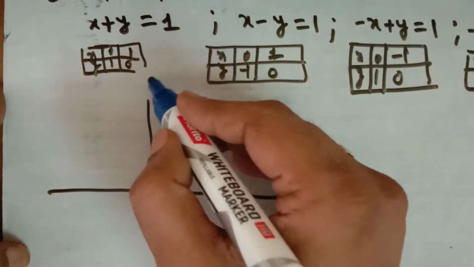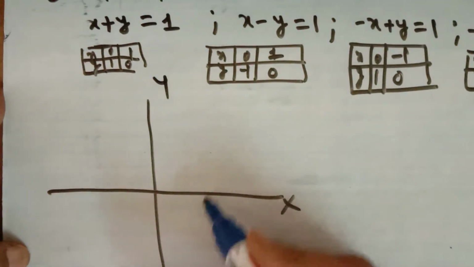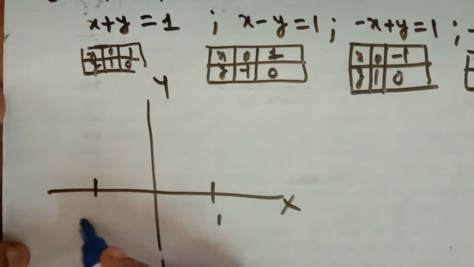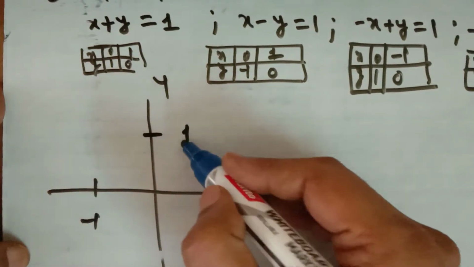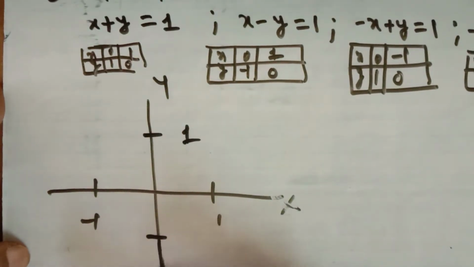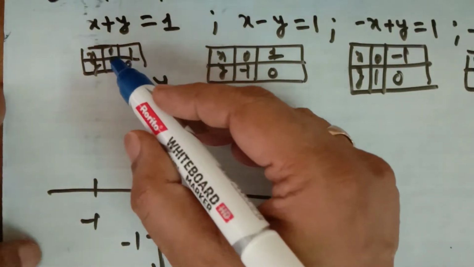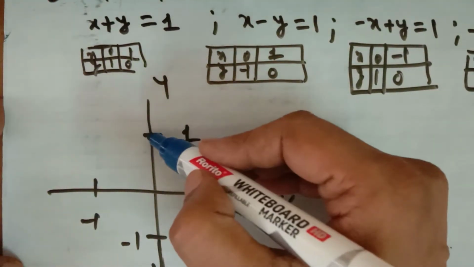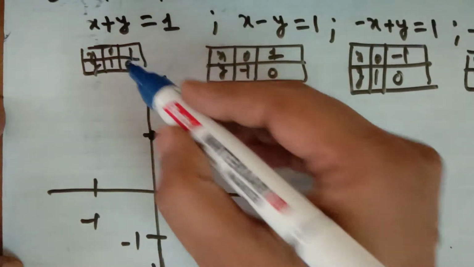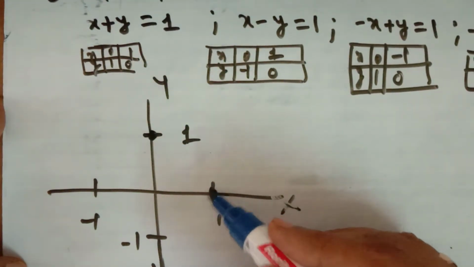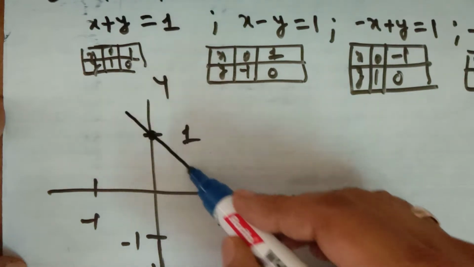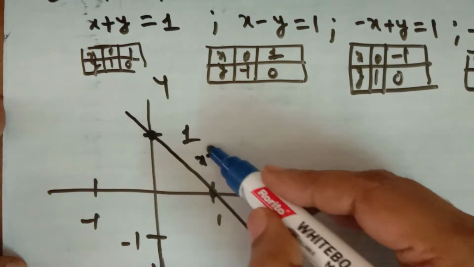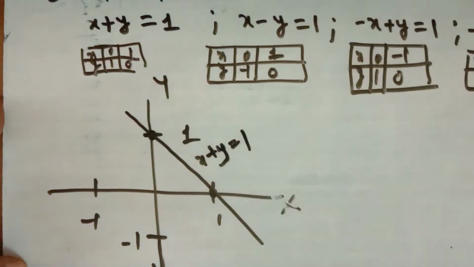You will have the x-axis, y-axis, plus 1, minus 1 on the x-axis, plus 1 and minus 1 on the y-axis. Now the first point is x 0, y 1, this is the point, and x 1, y 0 will be this point. So this equation represents x plus y equal to 1.